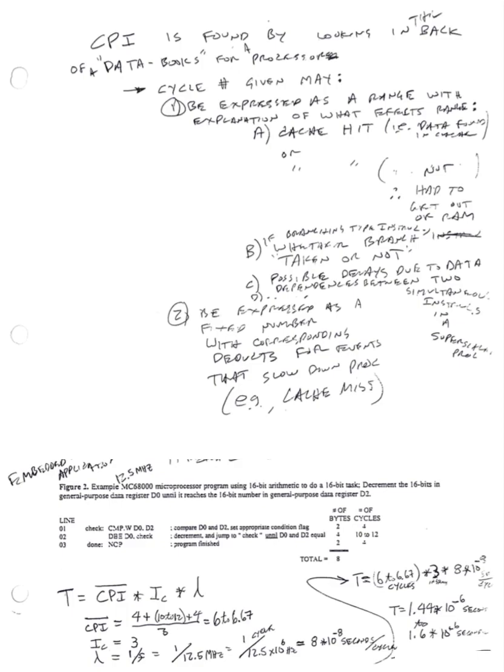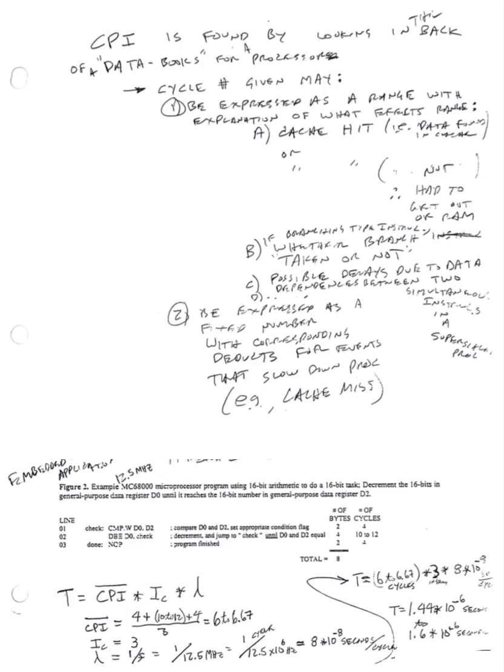And then this is just the same example rewritten down here with megahertz of the processor, from the paper above, and plugging in some calculations. So this is 12.5 megahertz there. So 1 over that to get your lambda, and then you have the number of instructions is 4, and you have a range of cycles there, right?